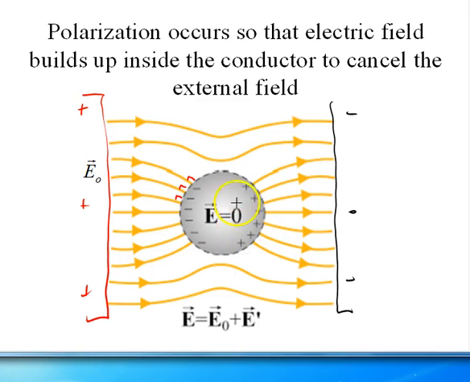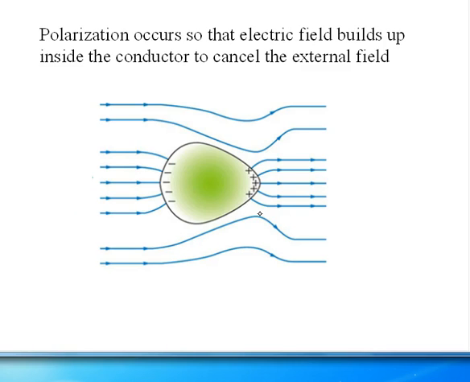What happens internally is, remember we have superposition of electric fields, so this is an electric field here that's pointing in this direction. This is our E prime between this positive charge and this negative charge. So this net electric field is in fact our E naught due to the external electric field, and our E prime due to the electric field set up internally by the polarization inside the conductor.